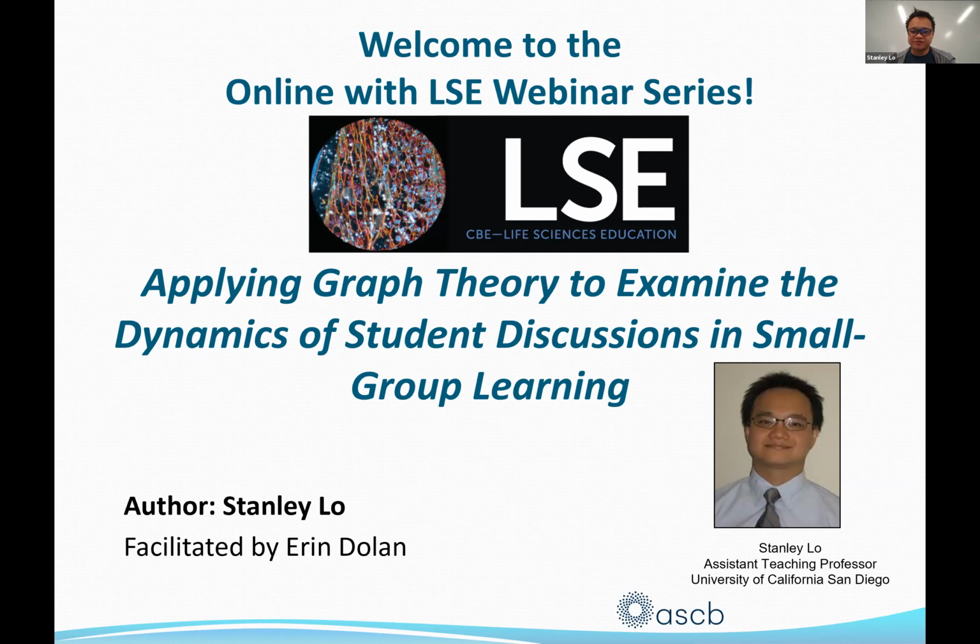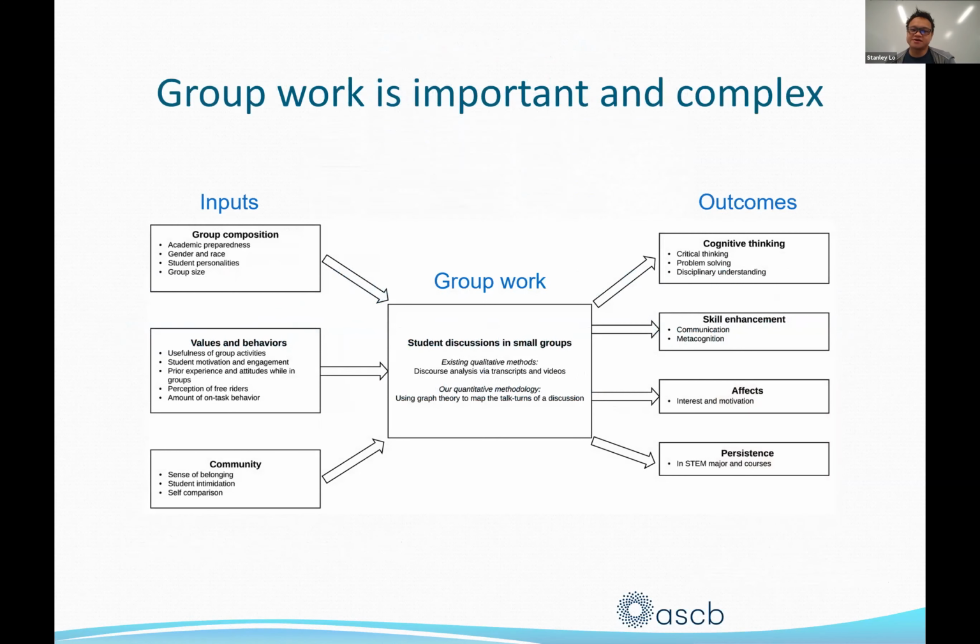The original motivation for developing this methodology is really thinking about the active part of active learning. Group work is the foundation of pretty much all kinds of active learning.